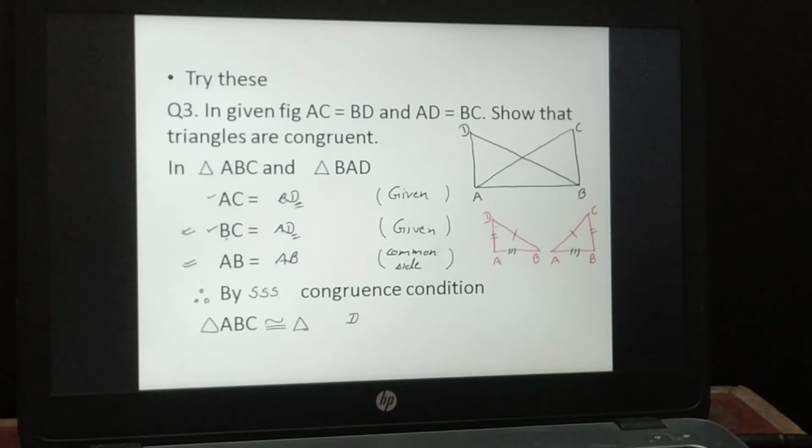Which is the common point here? B. Now in these two, which is the common point? A. So wherever B is there, we will write down A. Now look at this triangle name. A we have written, D we have written. So which point is left? B. So the first place will be B. So triangle ABC is congruent to triangle BAD.